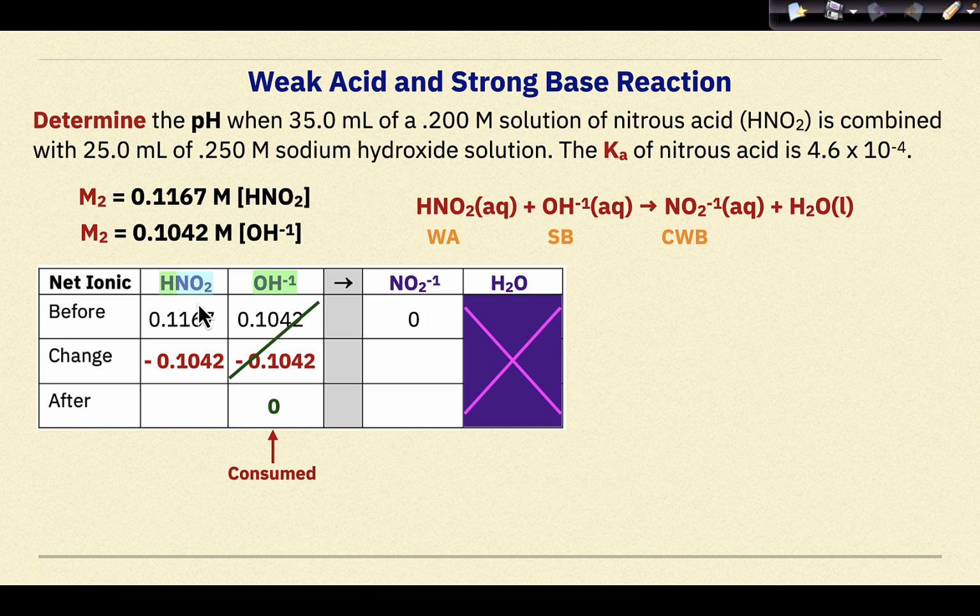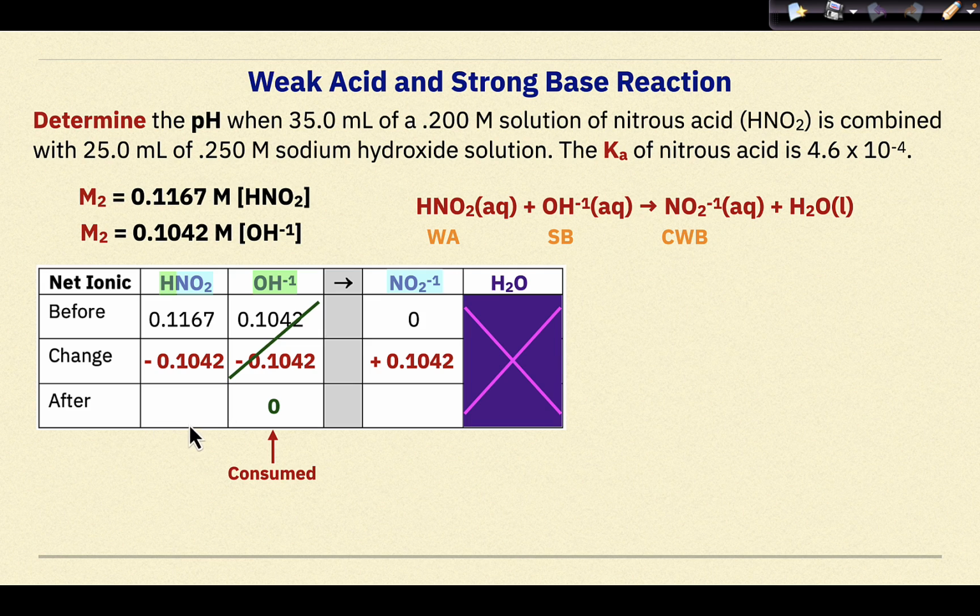In other words, for every one hydrogen ion involved in neutralization, one nitrite ion is formed as a product. That is why the value in the change section of the BCA table for HNO2 removed is equal to the value associated with NO2⁻ gained.